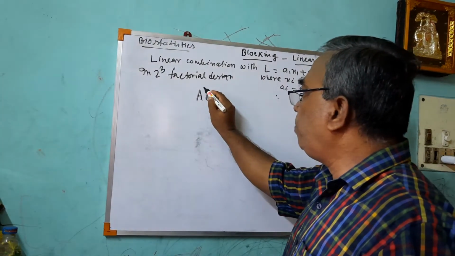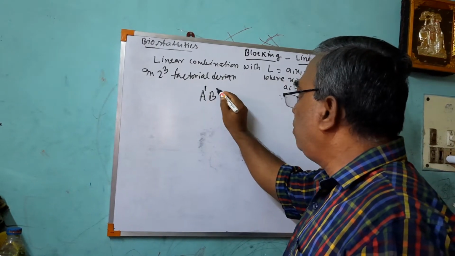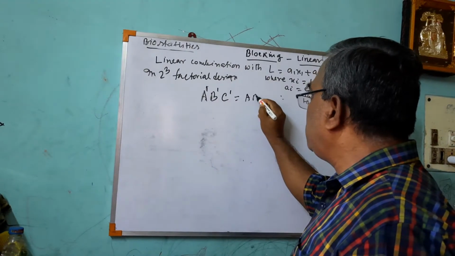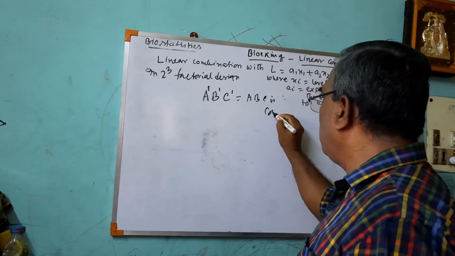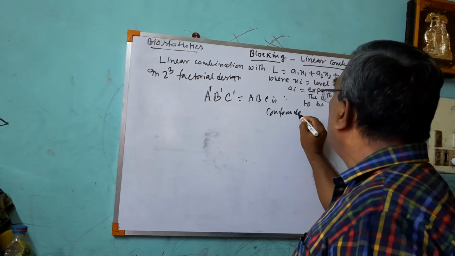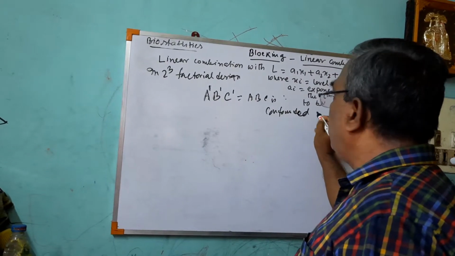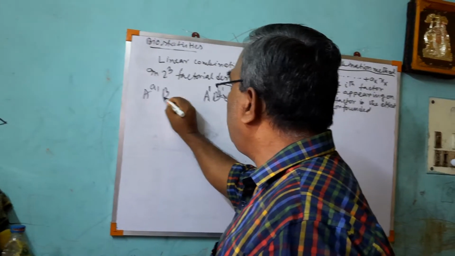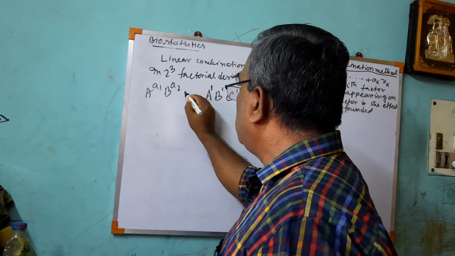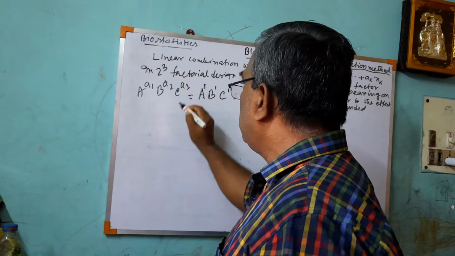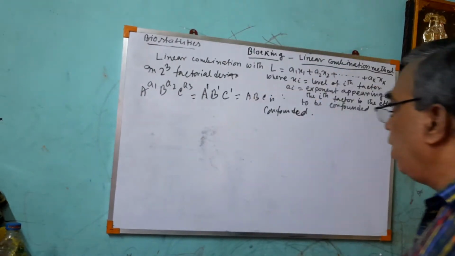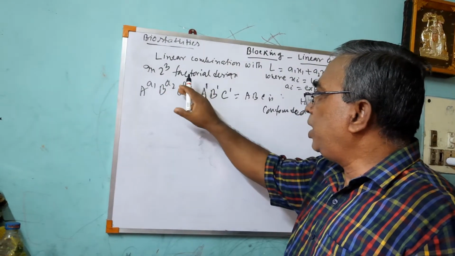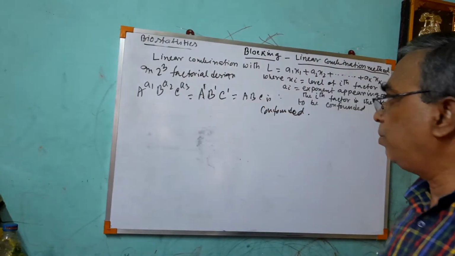Then A to the power 1, B to the power 1, C to the power 1, that is, ABC is confounded. Like A to the power a1, B to the power a2, C to the power a3, here a1 is 1, a2 is 1, a3 is 1. That means ABC is confounded.